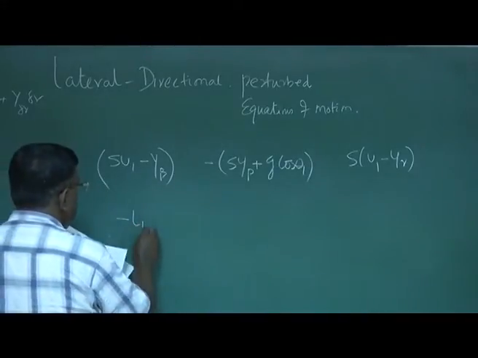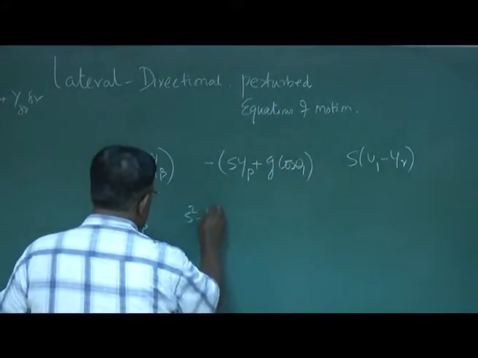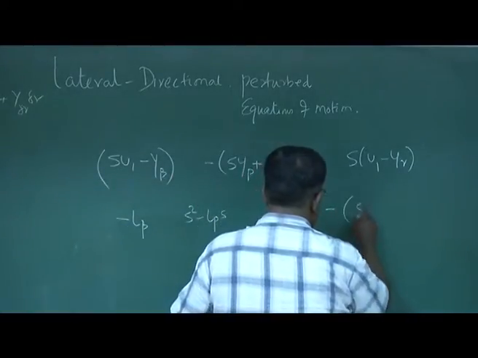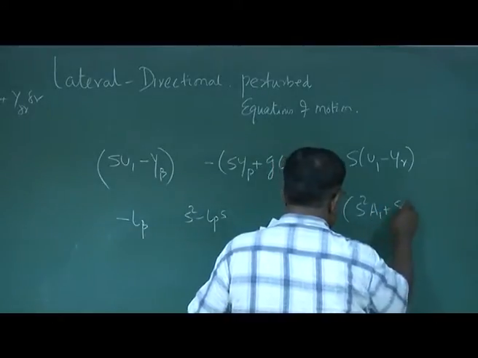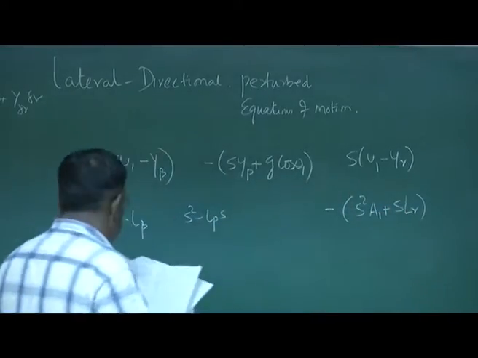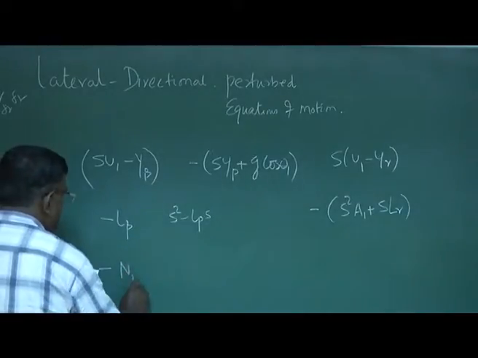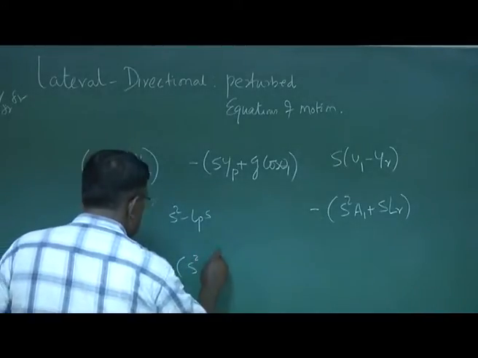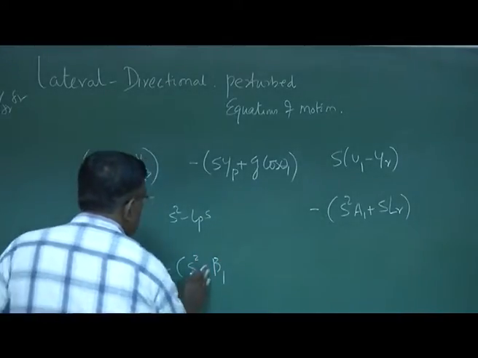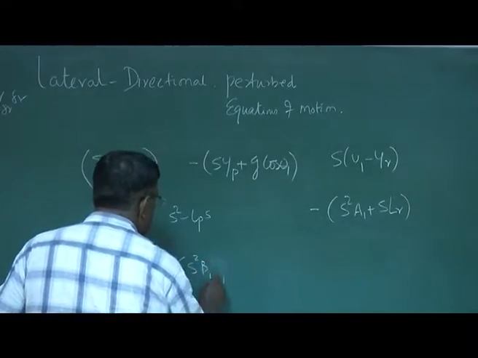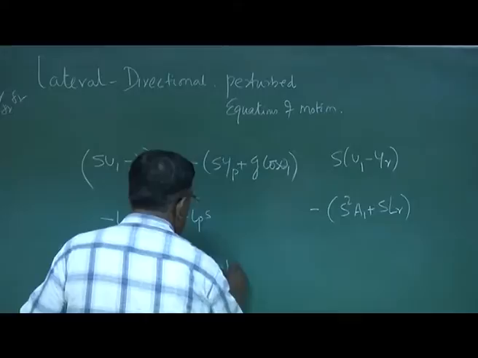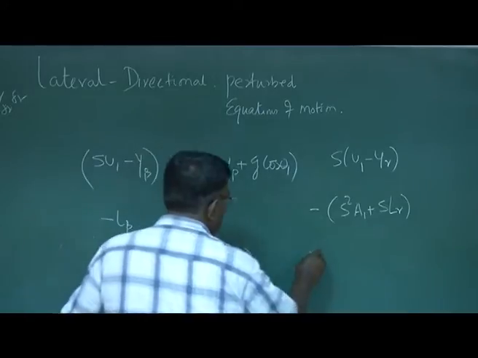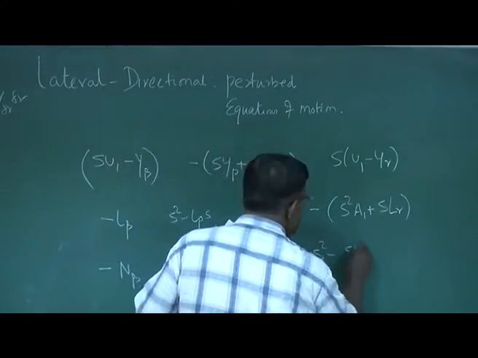So minus L beta S square minus LPS, and here it is minus S square A1, and then you have minus N beta and minus S square plus B1 S square B1 square B1 plus NPS, then S square minus SNR.